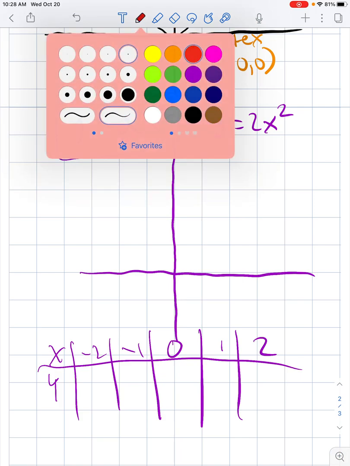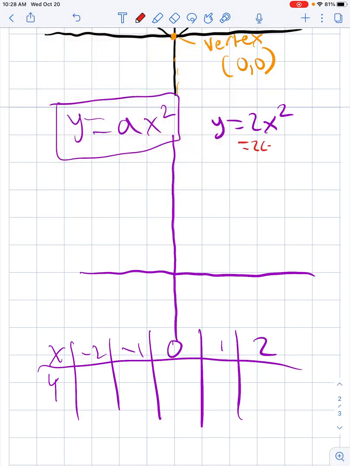If I plug in -2 into my equation, y equals 2 times (-2) squared, this is 2 times 4, so y is going to be 8. When x is -1, y is 2. When x is 0, y is 0. When x is 1, y is 2. And when x is 2, y is 8.